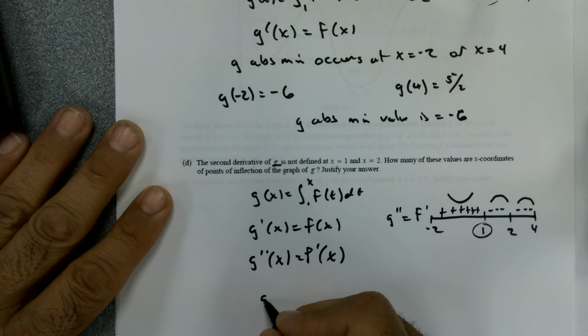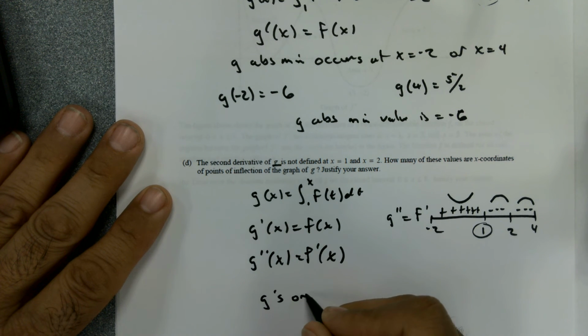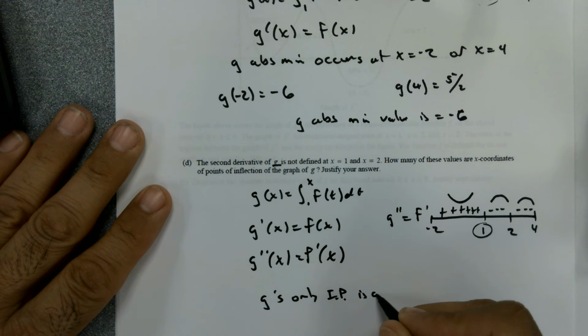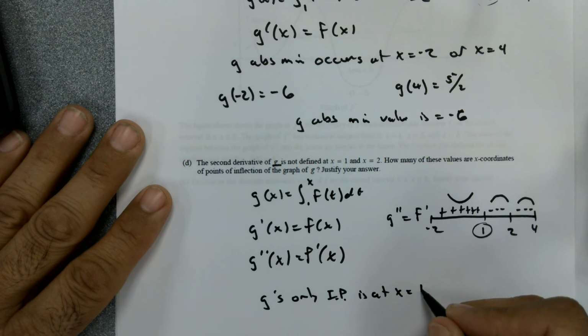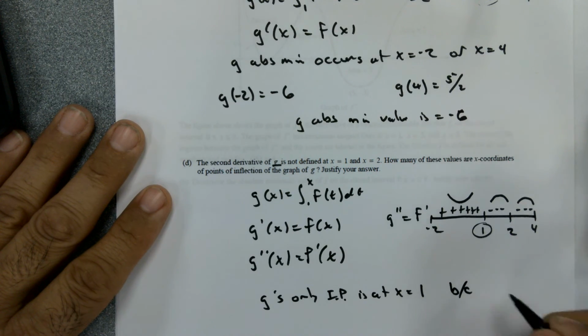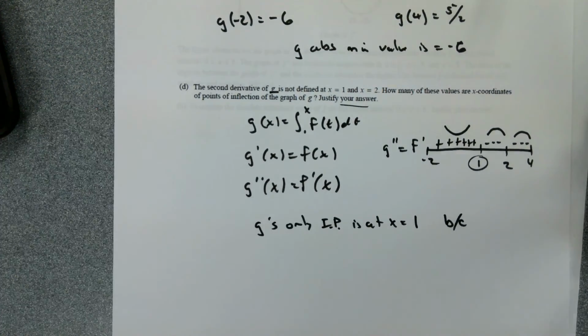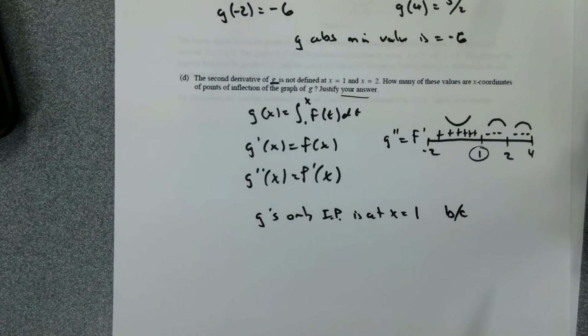So we can say that g's only inflection point is at x equals 1, because, and it just says justify your answer, here's the reasoning why.